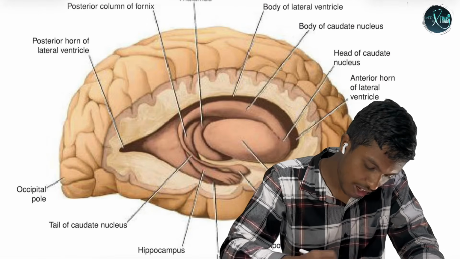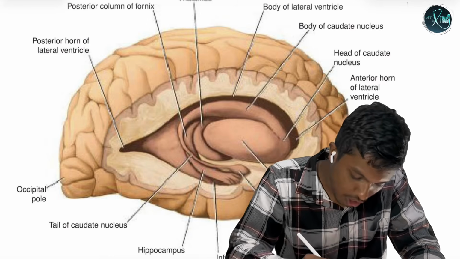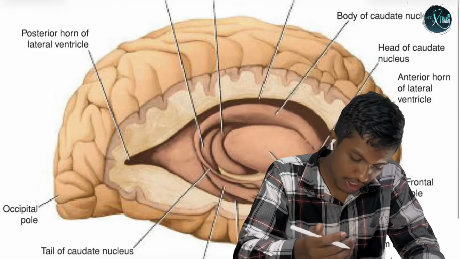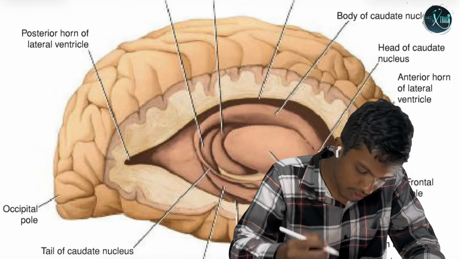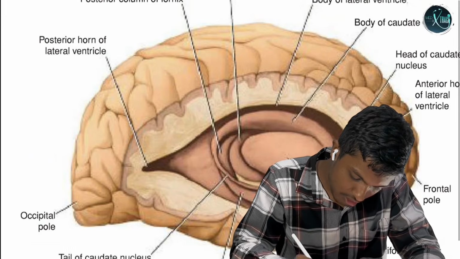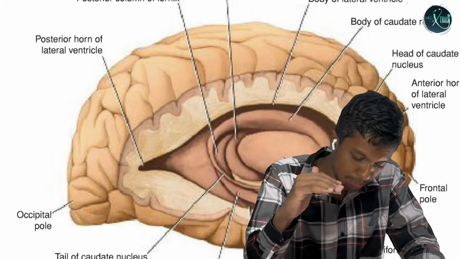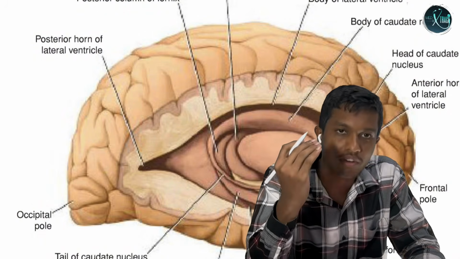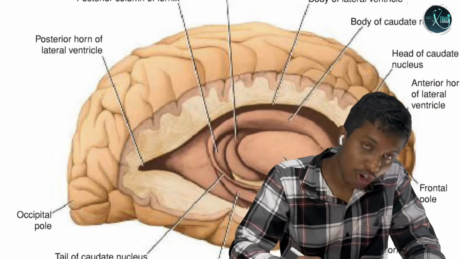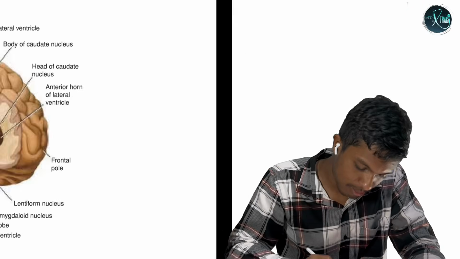Coming to its anatomy, we have the outer cortex, made up of outer gray matter and inner white matter, below which there is the lateral ventricle, followed by the basal ganglia.